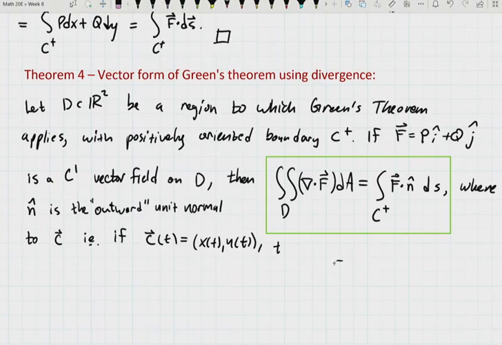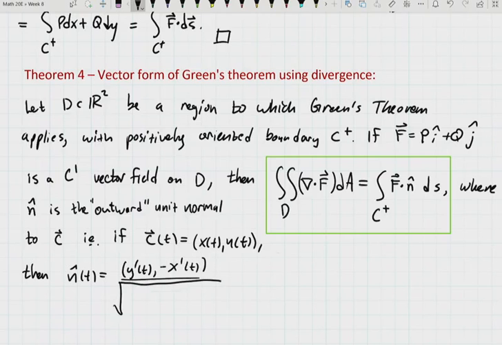Hold on. What is n hat? It is positive y prime of t, negative x prime of t, over a normalization factor, the square root of x prime of t squared plus y prime of t squared.